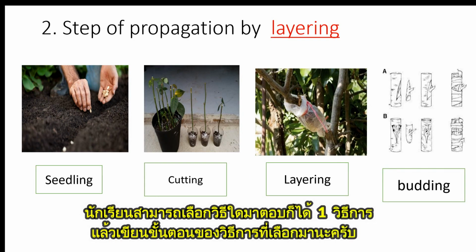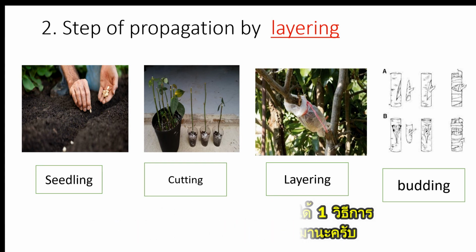So you just choose what methods you will be using. In the example, I use layering. Okay, this method. So you choose what method you will be using to answer the questions, page 64.